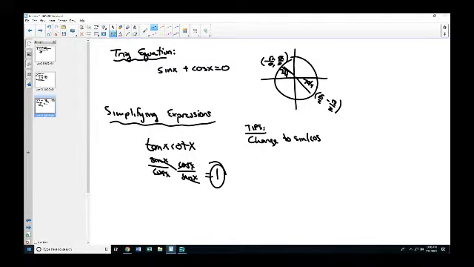This is the easy version. So change to sine and cosine is a very valid technique there. What else do we do? We use some fraction math, right? Cross cancel. So that's another one of those tips I think we've stressed.